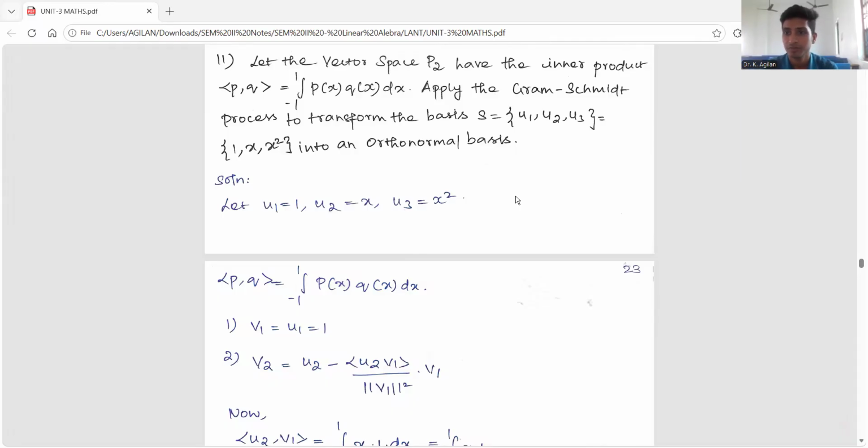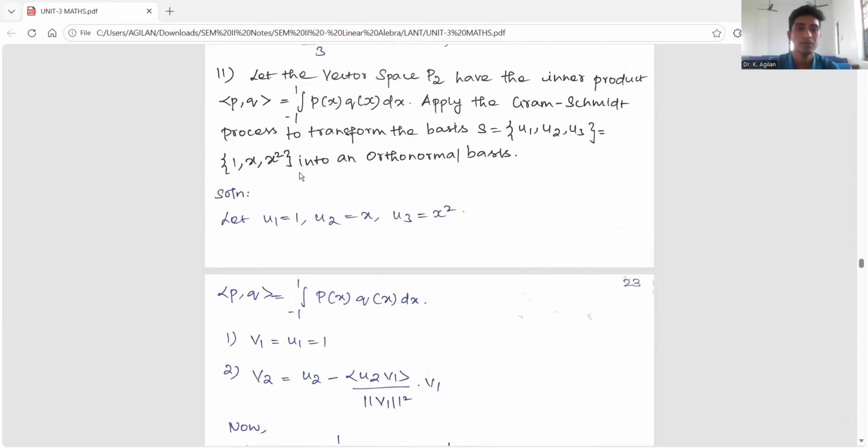Today I am going to start the problem on the Gram-Schmidt process to transform the basis, which means we have an inner product space. From that inner product space, we apply the Gram-Schmidt process to transform the basis and also to find the orthogonal basis. Okay, so this is the problem.